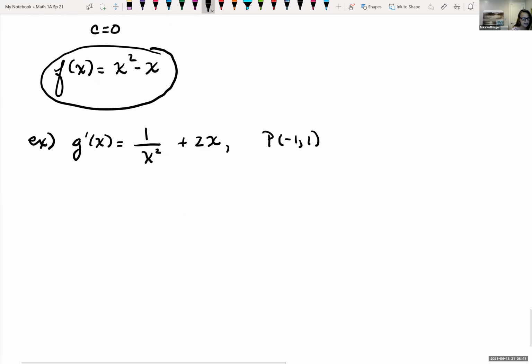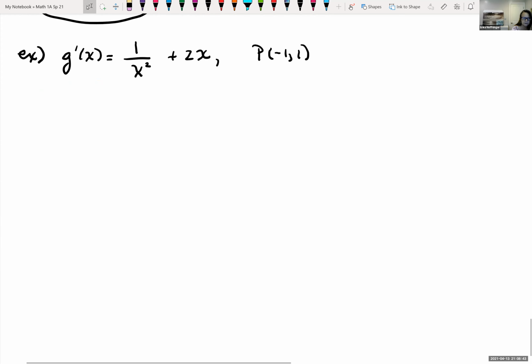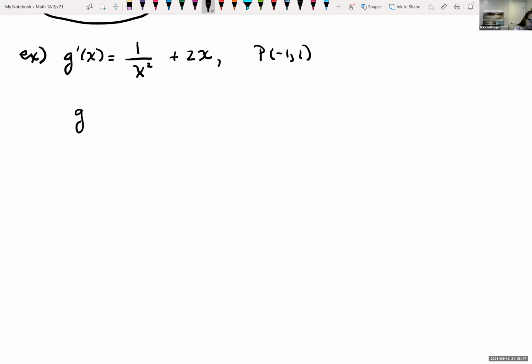So we want to look at what our original function is. We've got to think backwards. What would give us a 2 down here? Well, let's look at this as bringing this up: x to the negative 2 plus 2x. If I subtracted 1 from my power after I took the derivative, I would get negative 2.